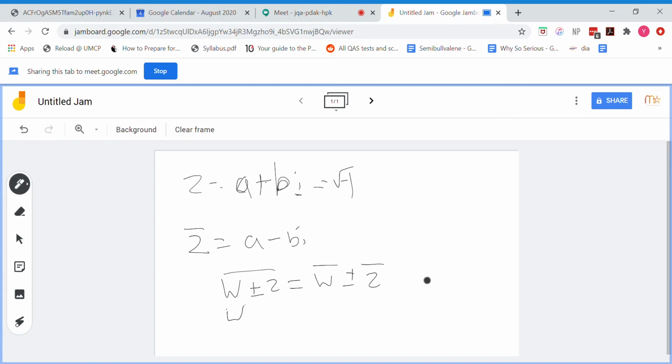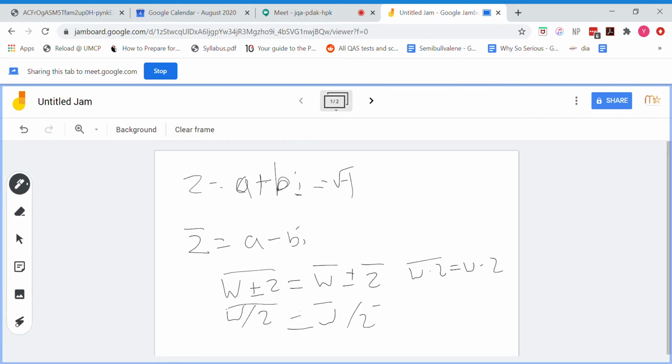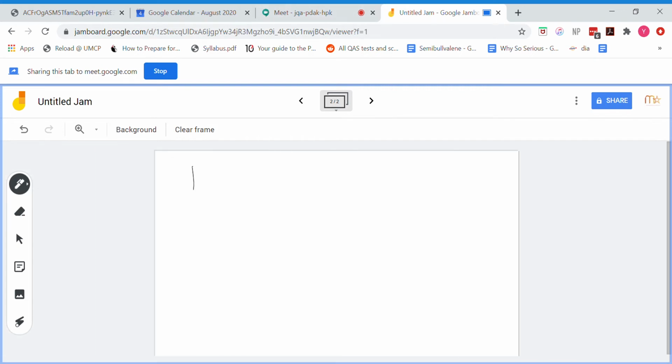So we have the conjugate of w over z equals w conjugate over z conjugate, and we also have w conjugate times z conjugate equals the conjugate of w times z. And we also have that the conjugate of the conjugate of z equals z.